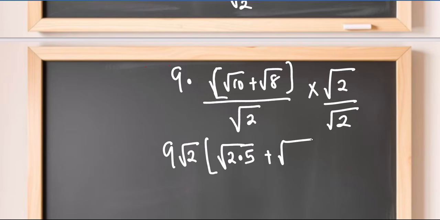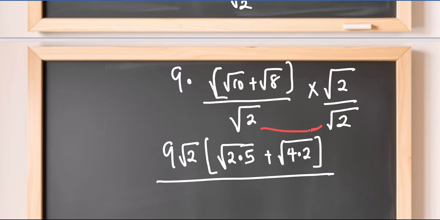And also my 8 can be written as the square root of 4 times 2. We still have the square root of 2 multiplying the square root of 2. The rule of radicals or surds says that if you have the square root of b multiplying the square root of b, it is going to be b. So here I'm going to have this as 2.